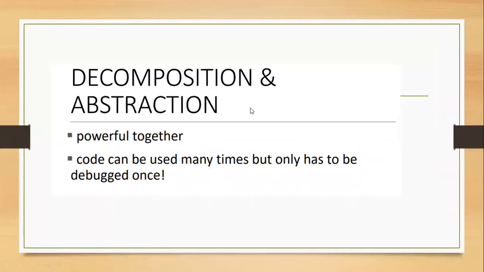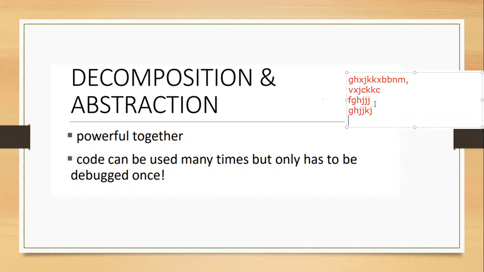So decomposition, when we put it together with abstraction, becomes very powerful. Again, code can be used many times, but only has to be debugged once. If I am working on a program and I have so much disunited code, then if I am to debug, I will be debugging every piece of code.